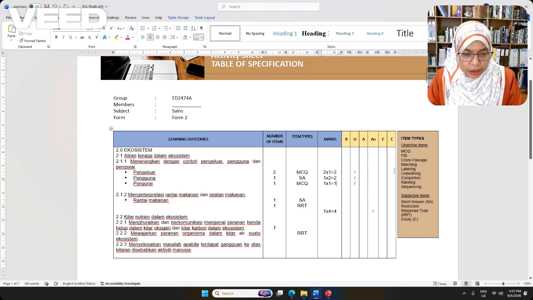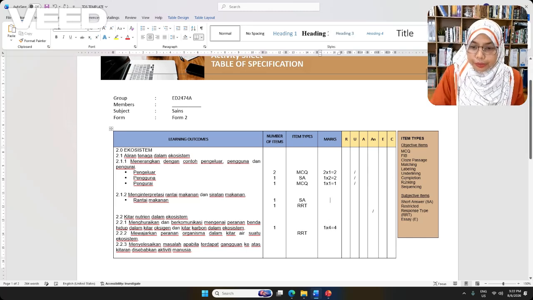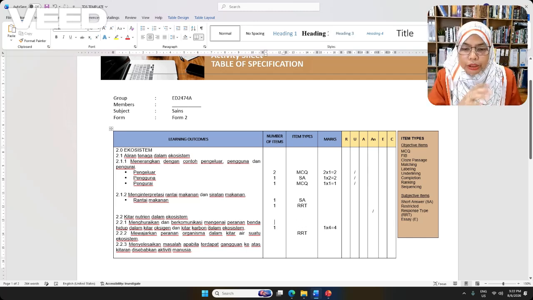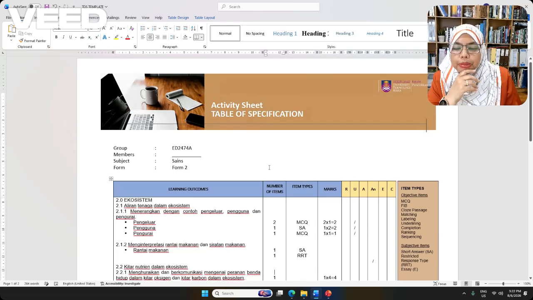And now we want to detail these particular learning standards into marks and whatnot. So what are the common errors that students usually do? They do not specify the learning standards in the most specific manner. When it is not specified specifically, it defeats the purpose of having a table of specifications.